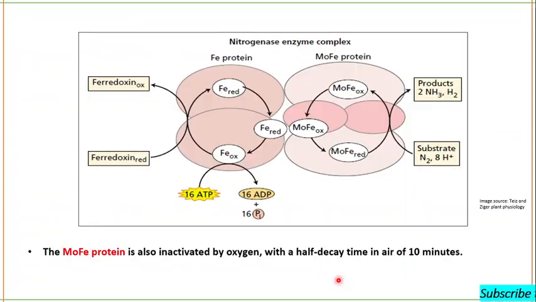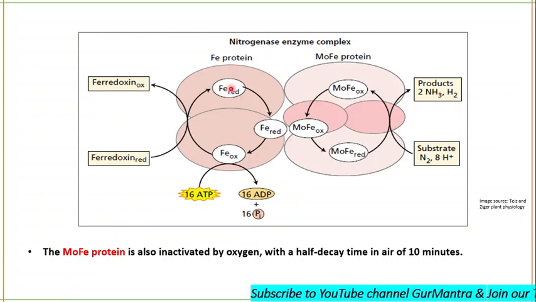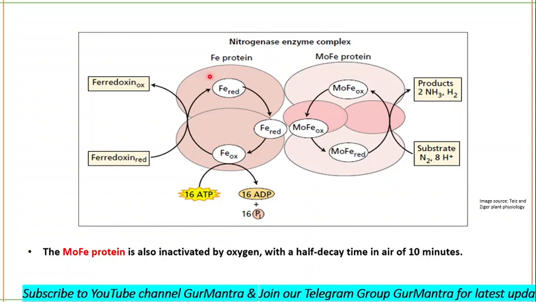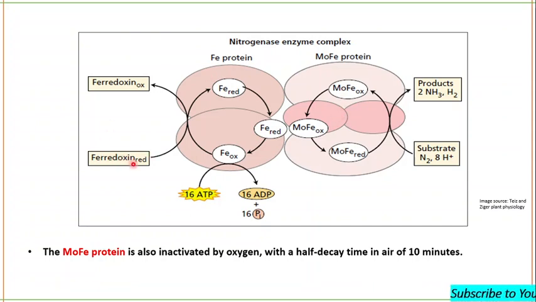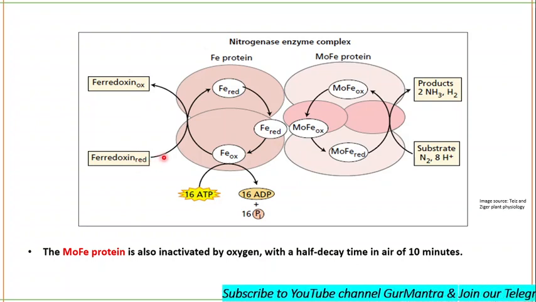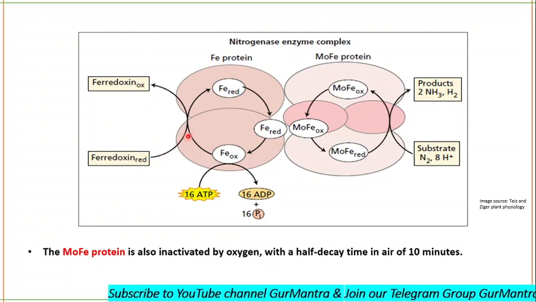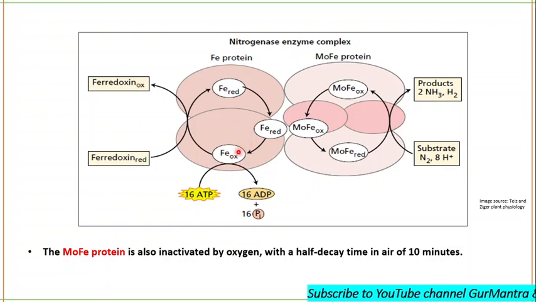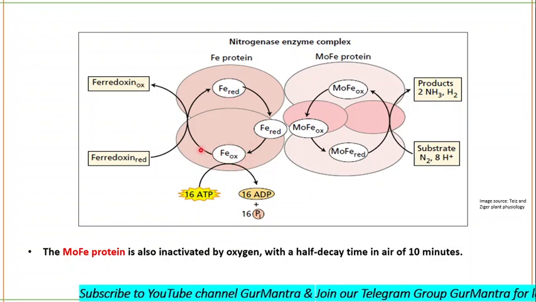Okay. So this is a nitrogenase enzyme complex. Watch it carefully. This is your dinitrogenase reductase. This is your dinitrogenase. Clear? This is the ferredoxin, which, reduced, will act as an electron donor. After it donates its electron to the iron protein, which is the dinitrogenase reductase, it will be oxidized, and the oxidized iron of the iron protein will then be reduced.